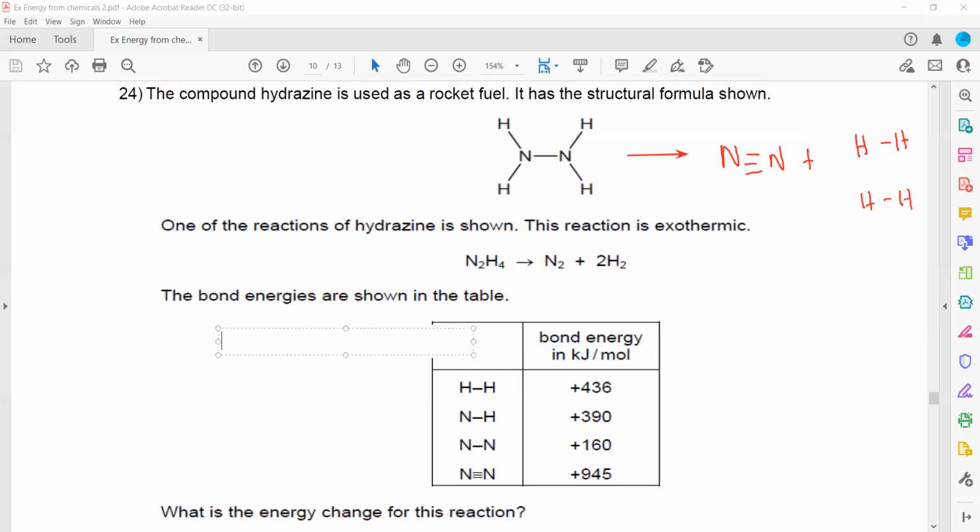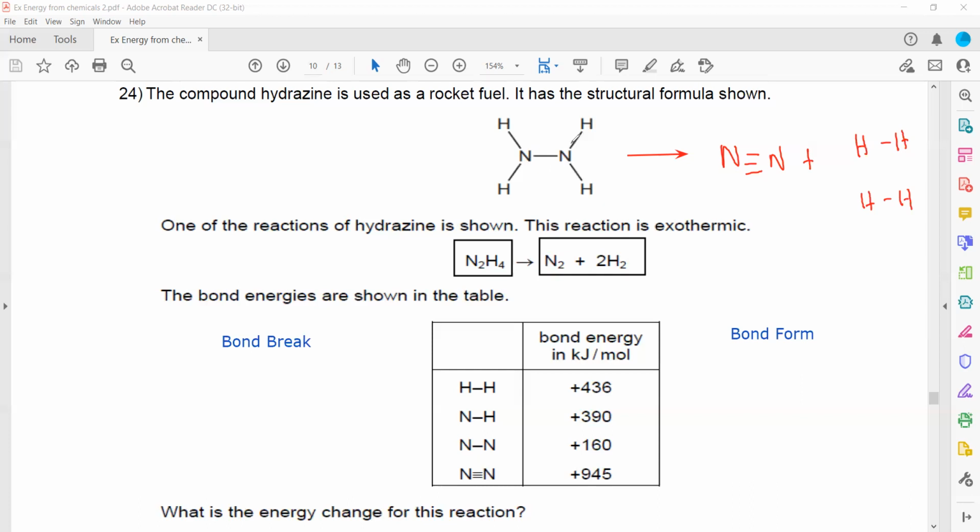So the bond breaking side and the bond forming side. The bond breaking side, because as you can see in the equation, N2H4 is the reactant, and nitrogen and hydrogen are the products. So the bond breaking side is for N2H4, and what are the bonds present?